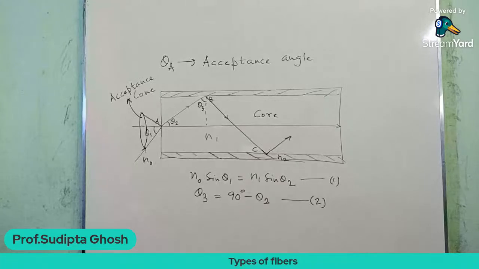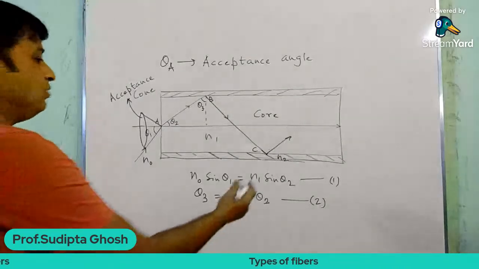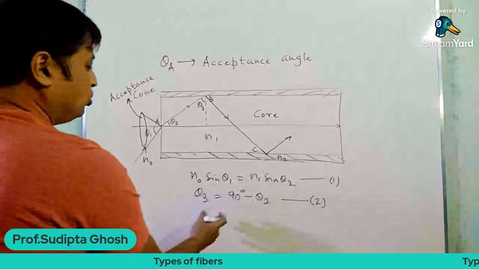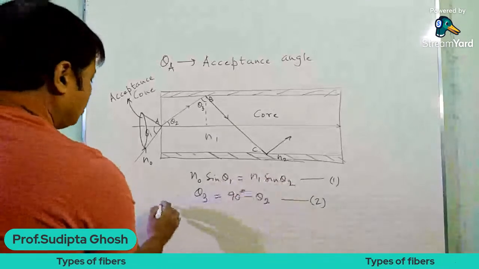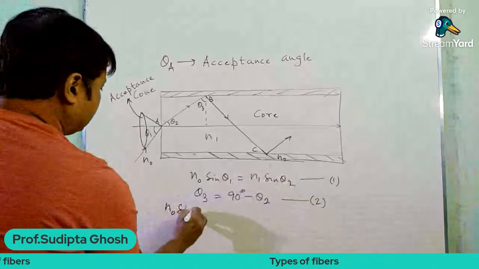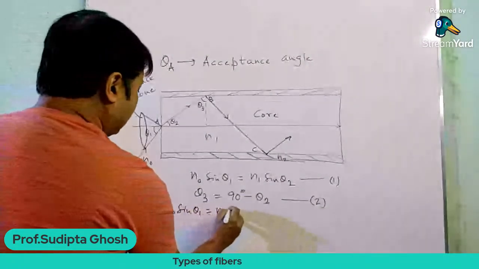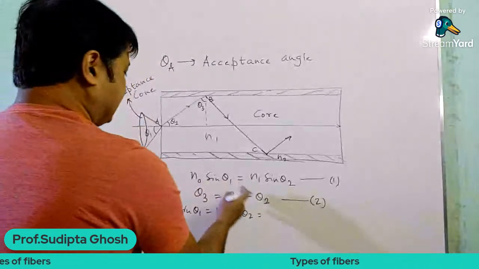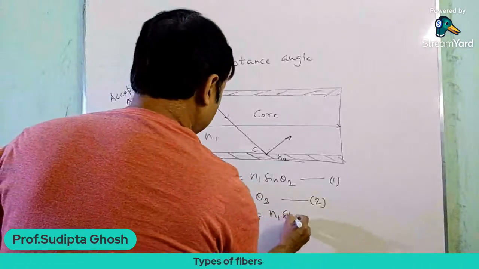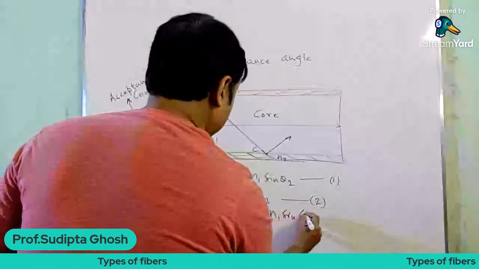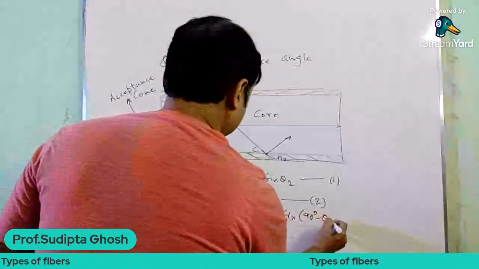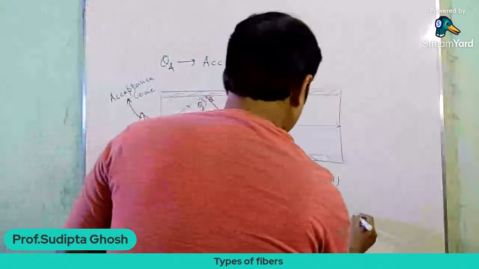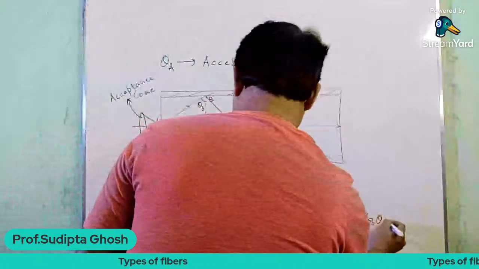So as we see from equation 1, n0 sin theta 1 equals n1 sin theta 2, and if we put the value of sin theta 2 from equation 2, as theta 2 is 90 degrees minus theta 3, that will make n1 sin of (90 degrees minus theta 3), so it will be n1 cos theta 3.